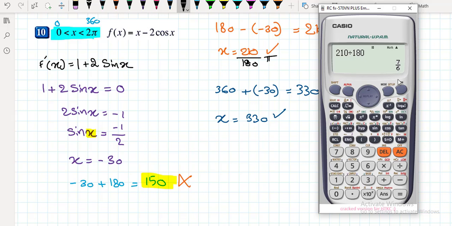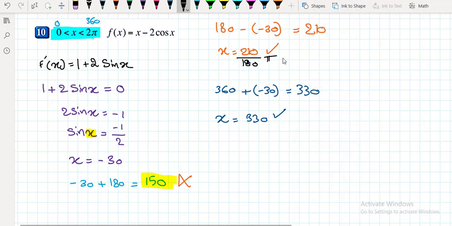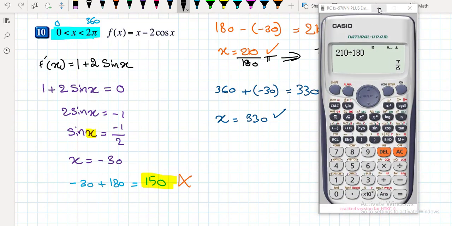Your calculator can do this as well. You have a button written ABC. If you press ABC, it makes decimal, fraction, or if it didn't, press shift, then ABC, you will see the fraction. Now, as a fraction, this x value is 7/6 pi.